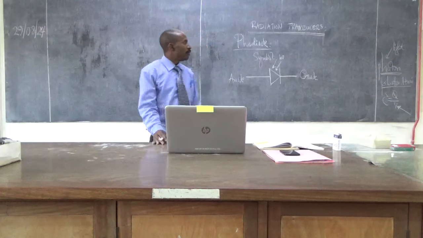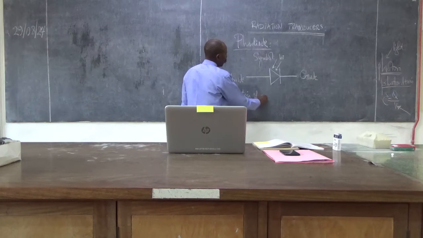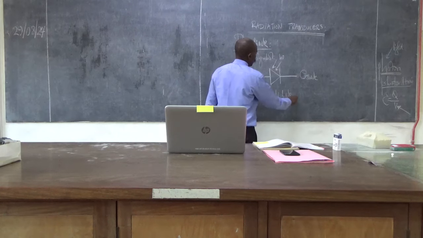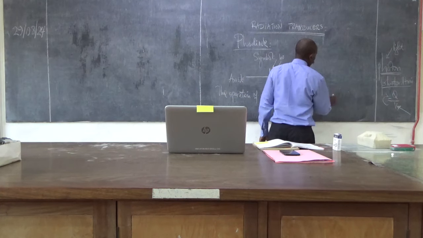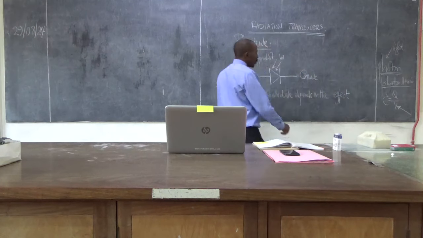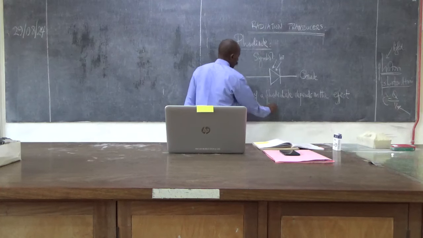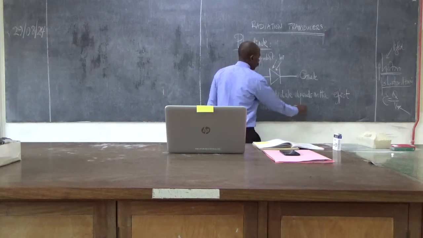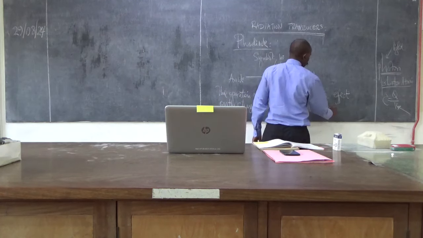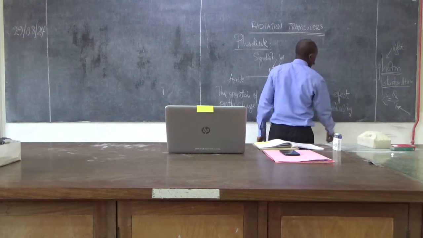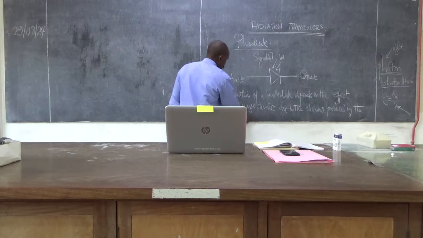So the operation of the photodiode depends on the effect on the charge carriers due to the electrons produced by the photons, the exposure to the photons.